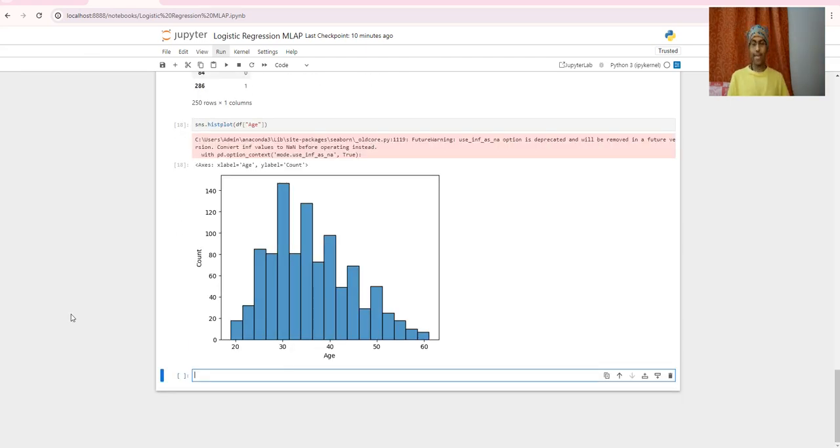Now let us try to understand how this age group and earnings are distributed. What I mean is, how does age relate to earnings here? Let's see that.